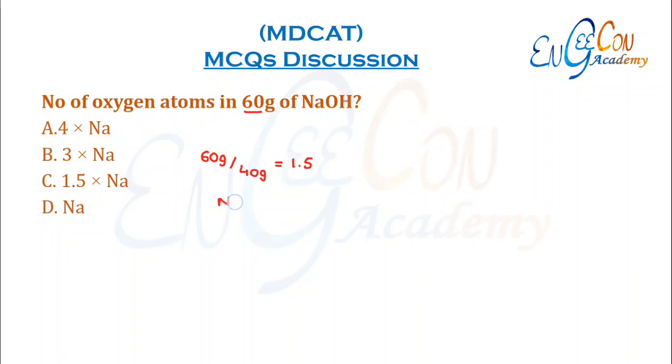In one molecule of NaOH we get one oxygen atom. So what is the number of oxygen atoms in 1.5 moles? 1.5 multiplied by Avogadro's number is the number of oxygen atoms.